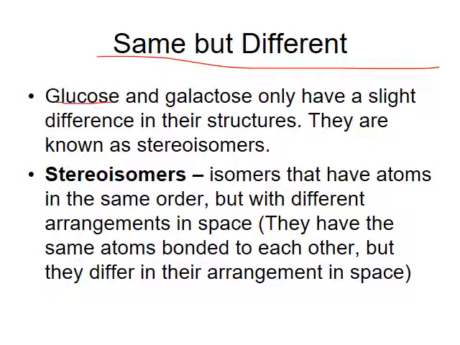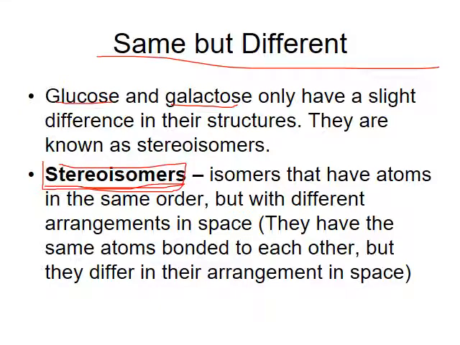So glucose and galactose are almost exactly alike when you look at them. The difference is that one of the carbons is slightly different than the others, and it's how that carbon is situated. The difference between these two guys is what we call stereoisomers.